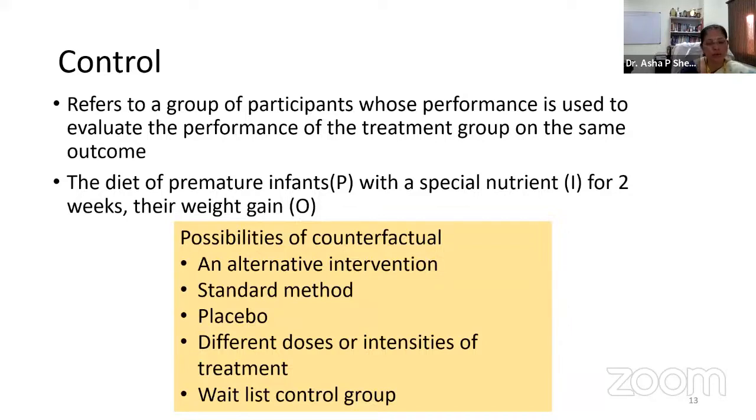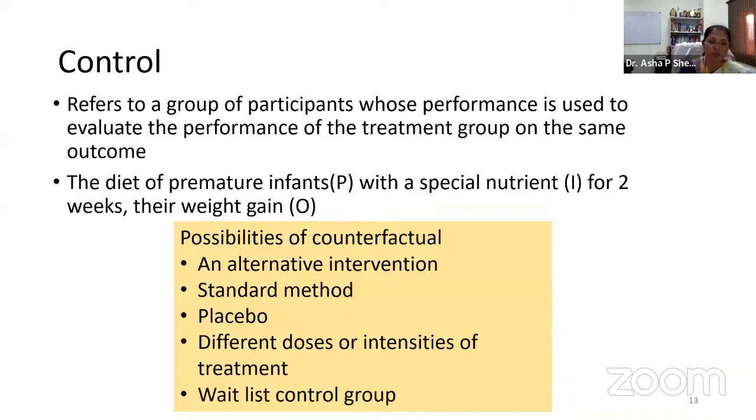This is where, without a control group, that means a group not receiving any treatment, it will be impossible to separate the effect of maturation from those who have received the treatment. That is why we need a group of participants whose performance we can use, so we can say that yes, there is a difference between the intervention group and the control group. So that is a characteristic of the true experimental design.